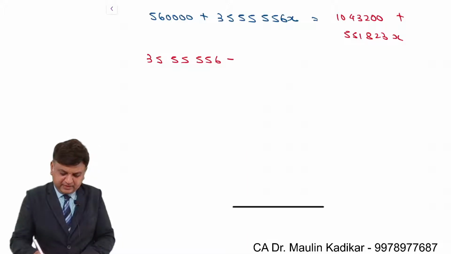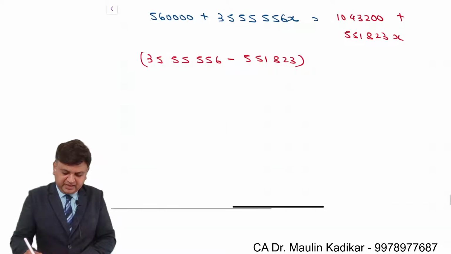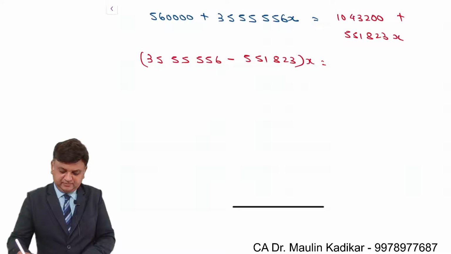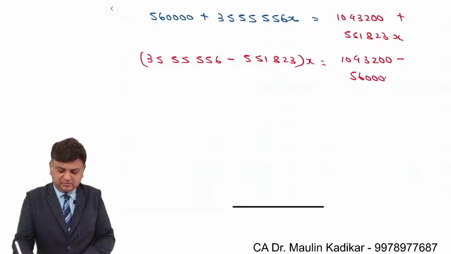35,55,556 minus 5,51,823. X is taken common. 560 is transferred on the other side.